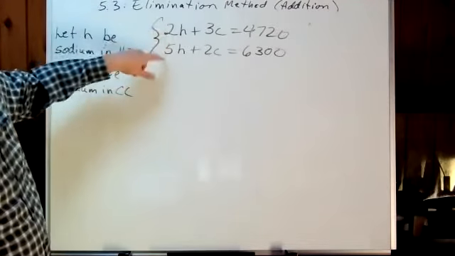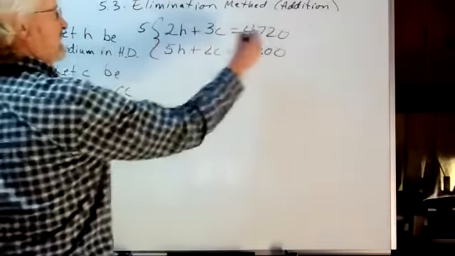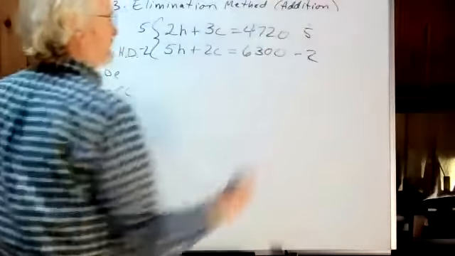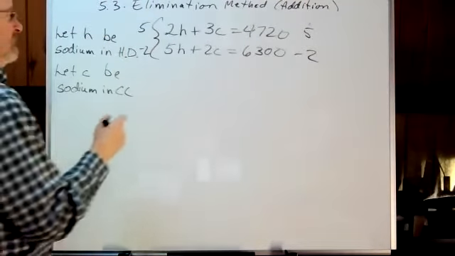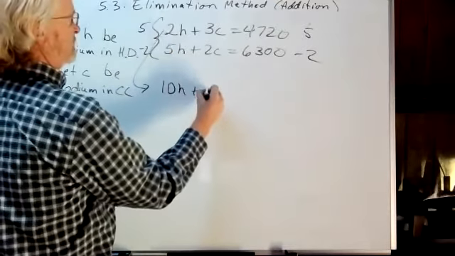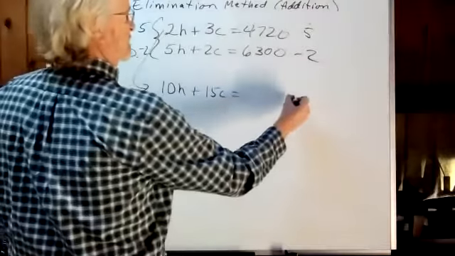I'm going to turn them into tens, okay? I'm going to make this 10, so I'm going to multiply this by 5 and this by -2. You could have chosen to go to 6s. It's not a whole lot different. So here I'll get 10H plus 15C and 5 of that. Let's see, that's still 0.